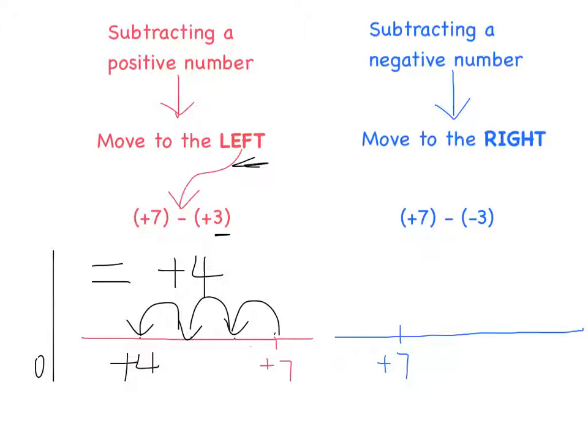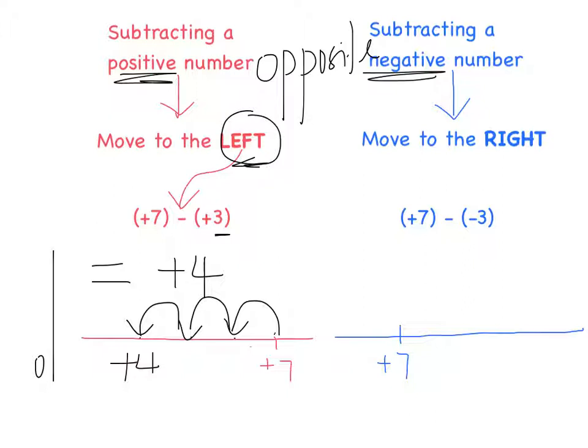Now, we use a similar idea for moving on the number line, but in this case we have a negative number. If you still remember, positive numbers and negative numbers are opposite to each other, and therefore the movements are also opposites.